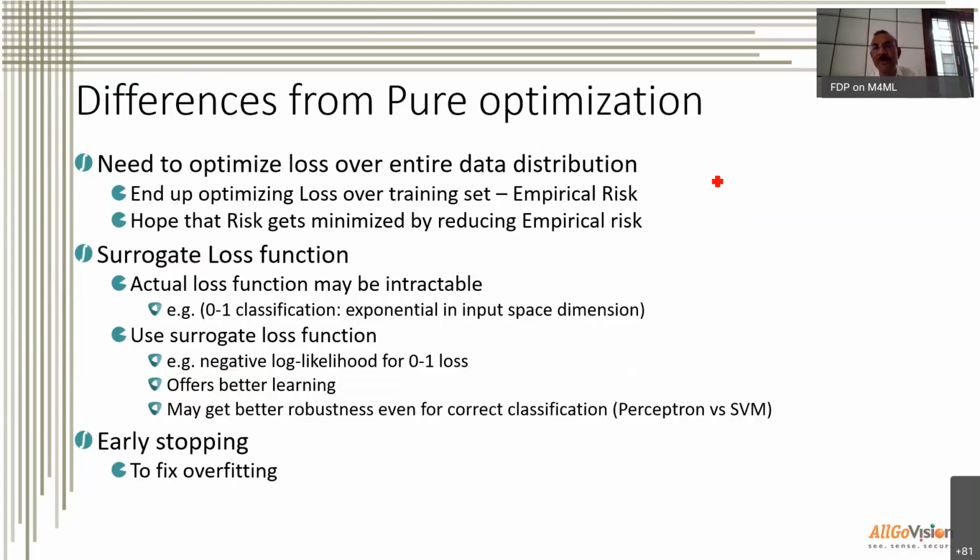So, for example, let me draw here just for the sake of completeness. Let's say this is my actual curve from which I should have got the data points, and let's say the blue ones are the data points I got. I minimize the error over these blue points, and by reducing that error, I got, let's say, this curve.